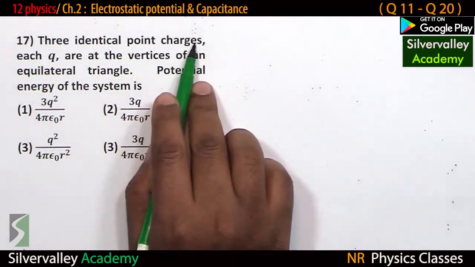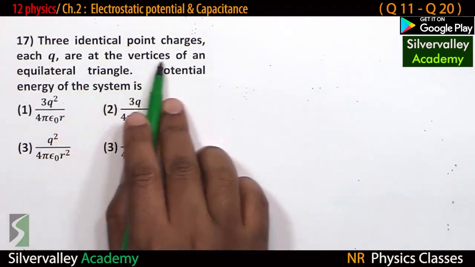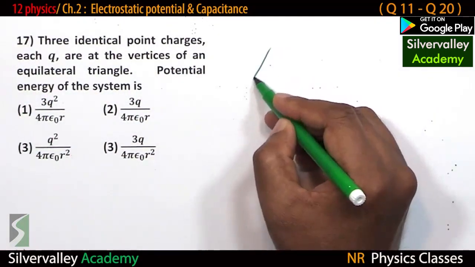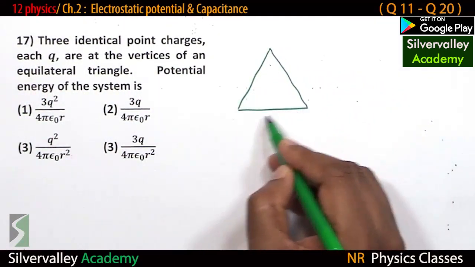3 identical point charges, each Q, are at the vertices of an equilateral triangle. Fine.